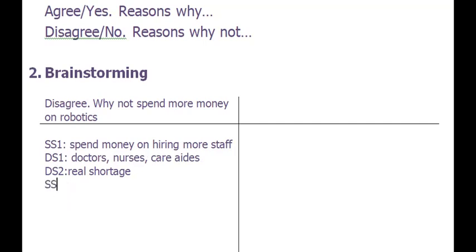And then supporting sentence 2, you could say they should spend more money on increasing capacity or more beds. And then for your developing sentence 1, you could say it allows for more patients to be treated.